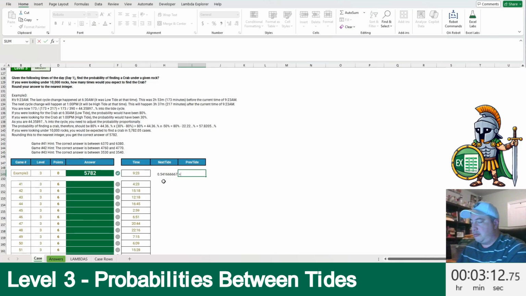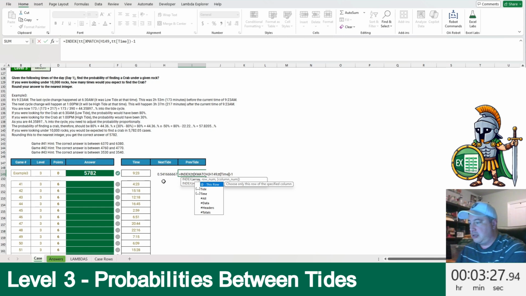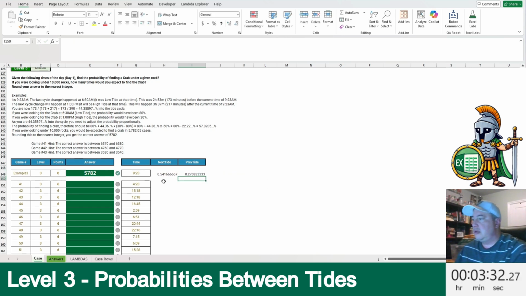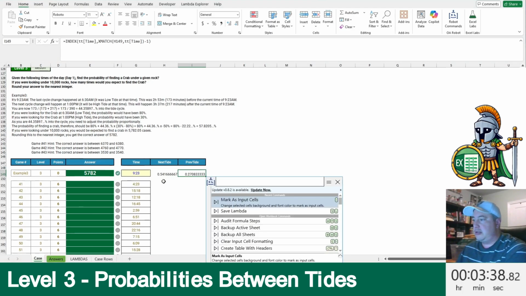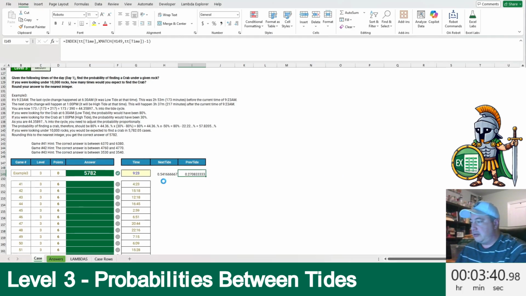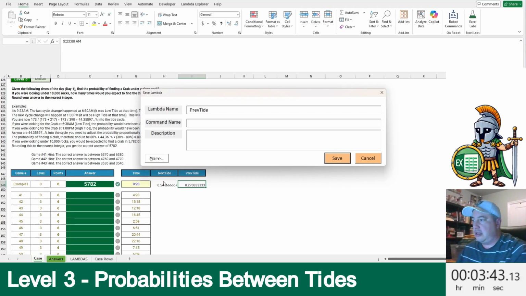So it's always going to be the next tide, TT time, minus 1. I can look that up in TT time. So there's our previous tide. I like that one. Let's name that lambda. This should be a game show. Name that lambda.